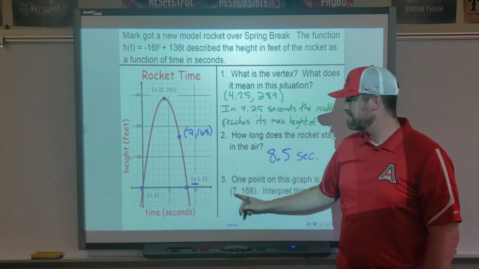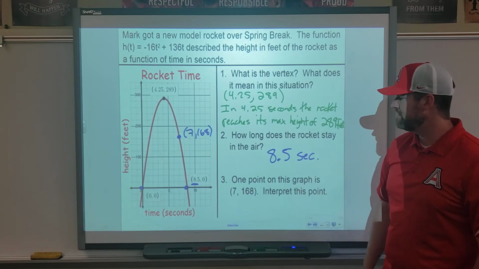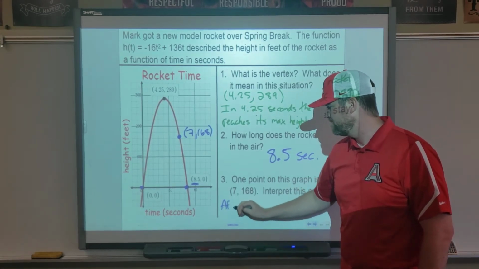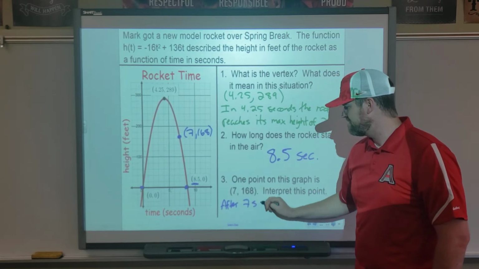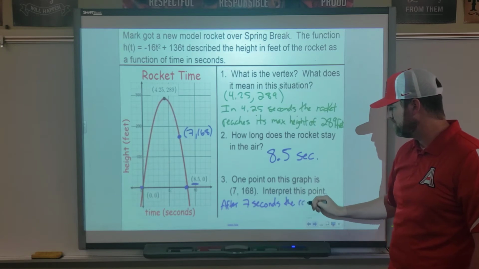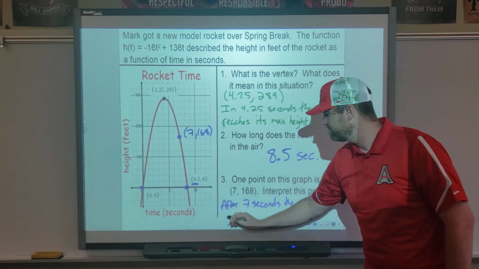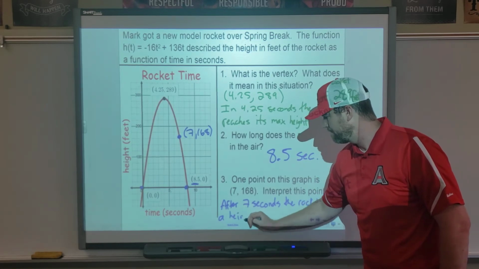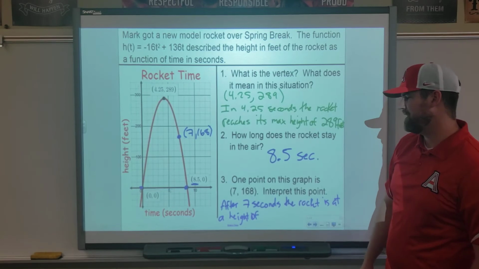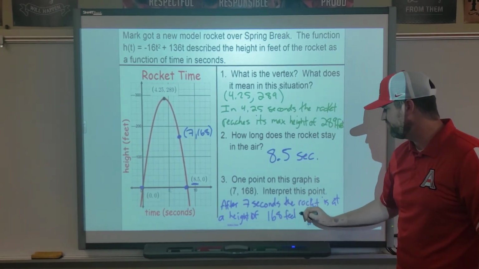Well, that's right. 7 is our time in seconds. 168 is our feet in the air that our rocket is at. So after 7 seconds, the rocket is at a height of, great handwriting, 168 feet.